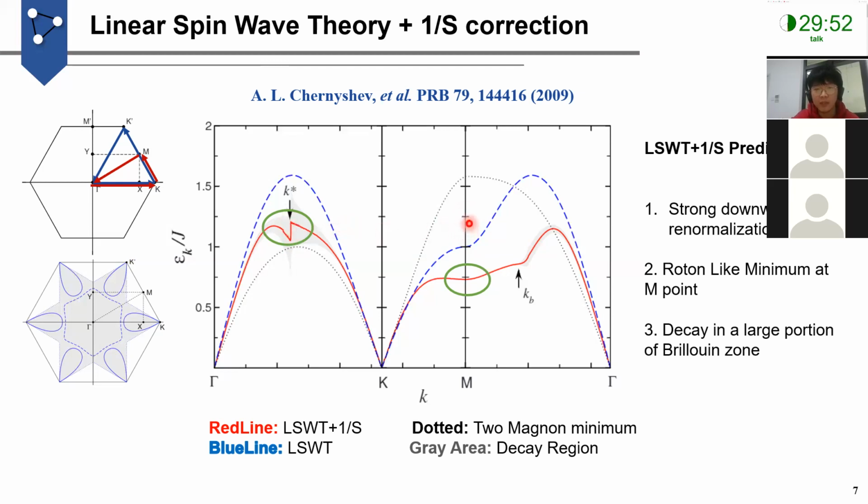That is the contribution of the second branch of magnon around the endpoint. As indicated by the 1/S correction, this point shows a large magnon decay and non-analytic behavior. It is not consistent with the experiment, which shows that there is a sharp magnon minimum.